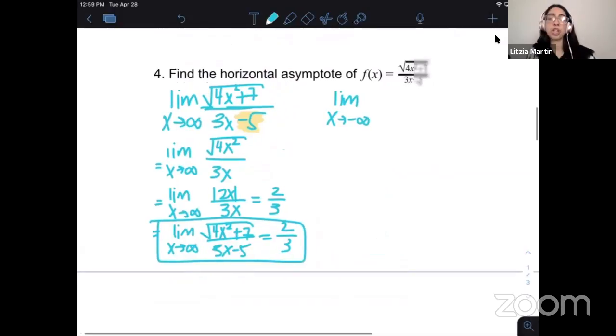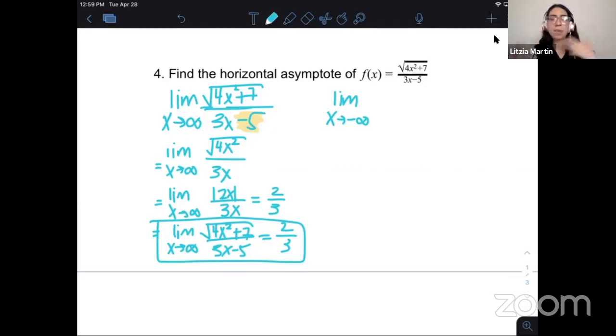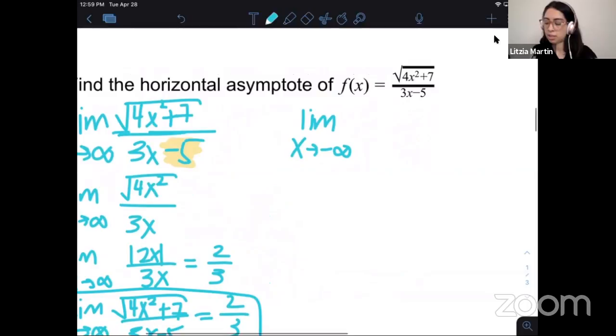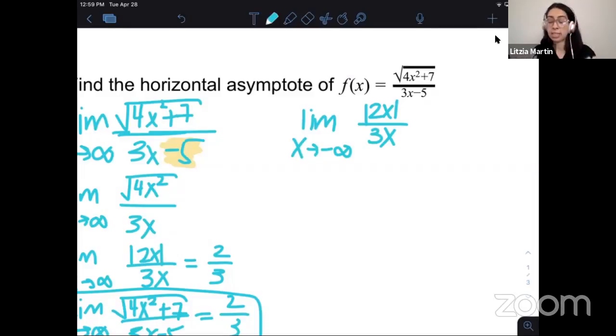Now we also want to check on the negative infinite side to see what is happening there. Same idea. This ends up just becoming the absolute value of 2x over 3x. But now x is a really, really negative number.